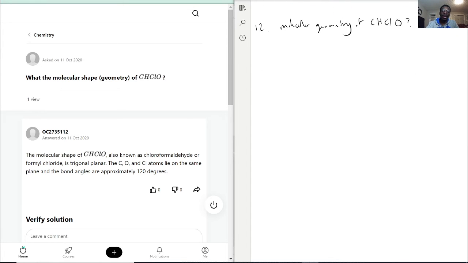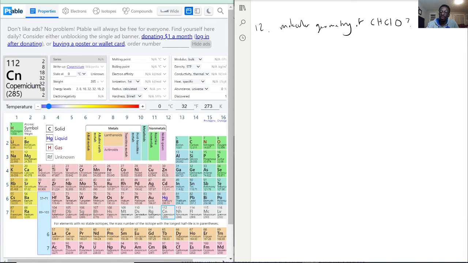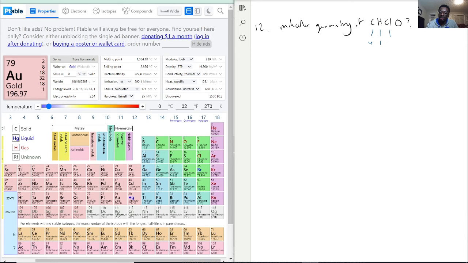So for this, we actually need to go to the periodic table and see how many electrons each one offers. So carbon has 4 valence electrons, hydrogen has 1, chlorine has 7 valence electrons, and oxygen has 6. This is based on the fact that carbon is on the 14th column, hydrogen is on the 1st column, chlorine is on the 17th column, and oxygen is on the 16th.